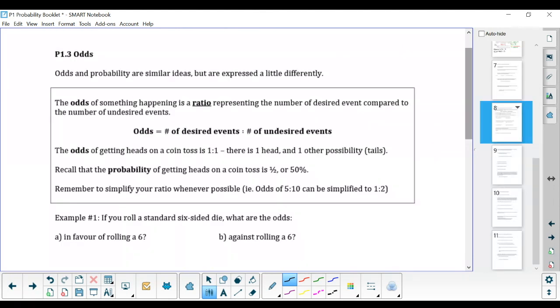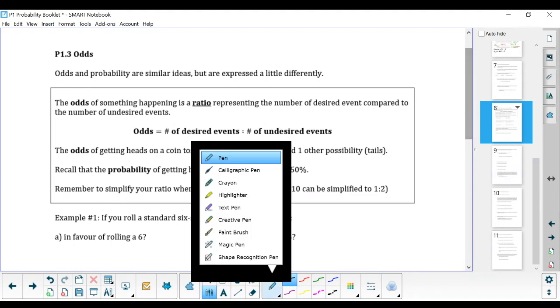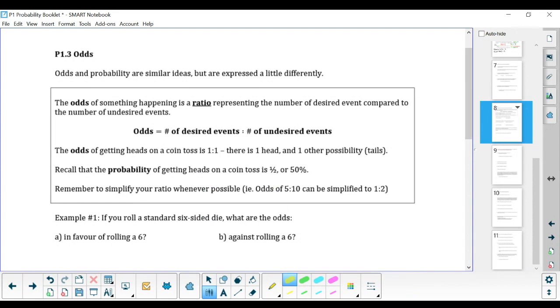Now we want to look at the idea of odds. Odds and probability go hand in hand, but are a little bit different. The odds of something happening is what we call a ratio, representing the number of desired events compared to the number of undesired events. So our odds can be shown as the number of desired events, the things that we want, compared to the things that we don't want.